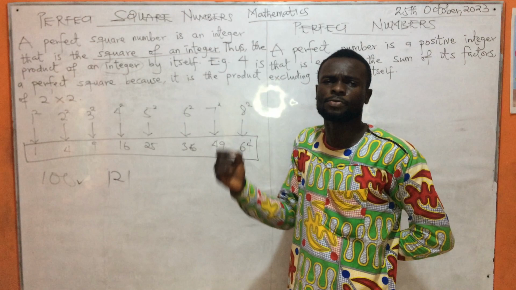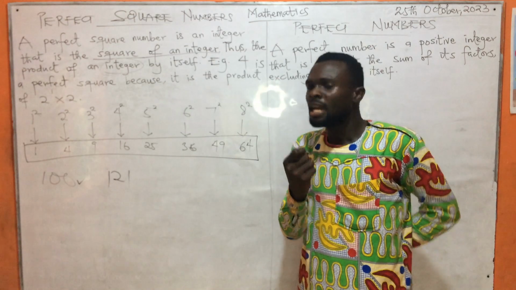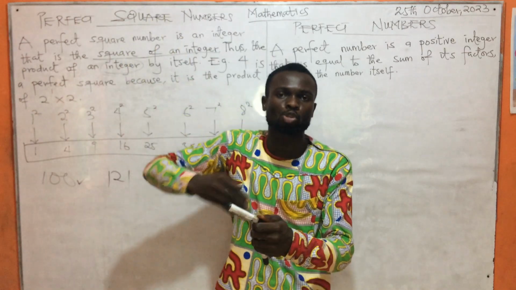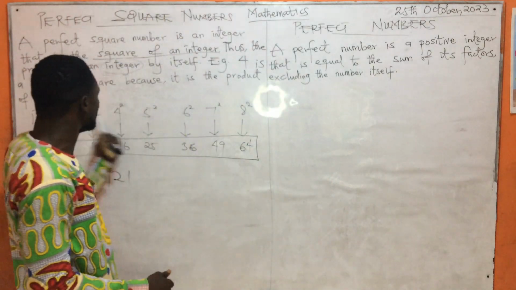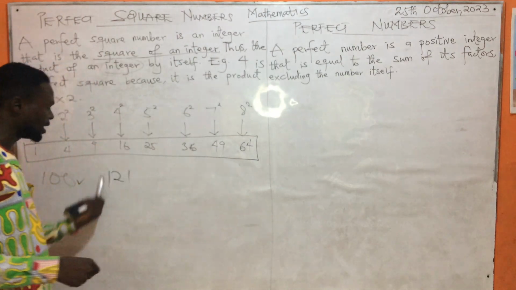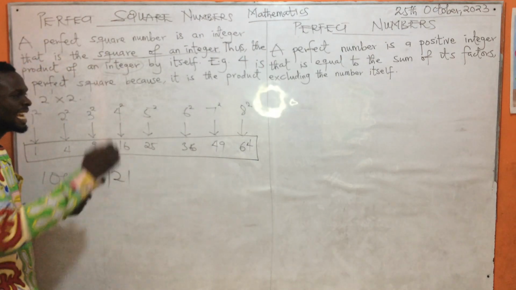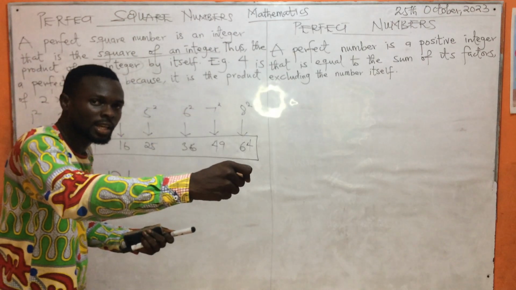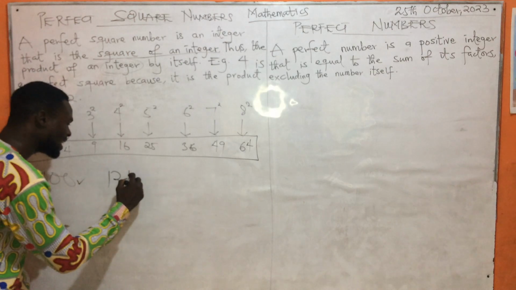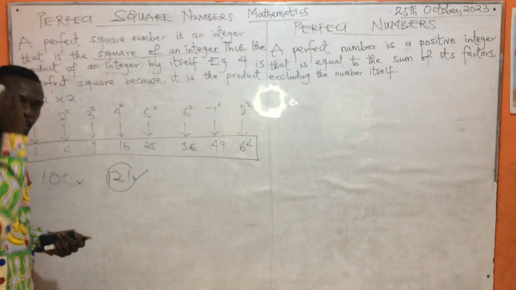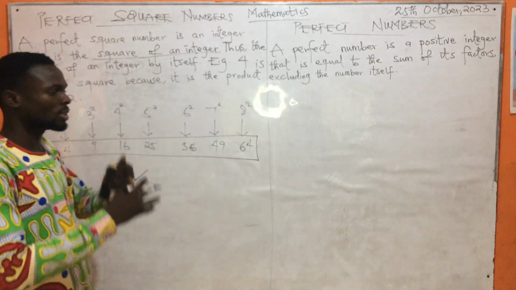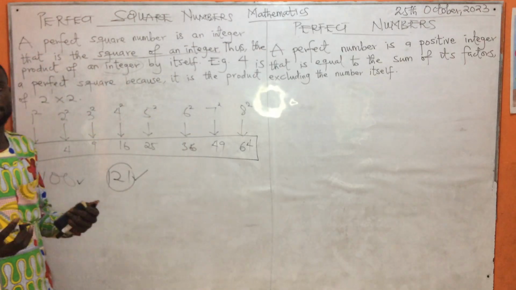Ask yourself, which integer can I multiply by itself, meaning if you square the integer, just as we've done here, I get 121. And you notice that 11 squared is 121. So if 11 squared is 121, then this number is a perfect square. And that is all about perfect squares.